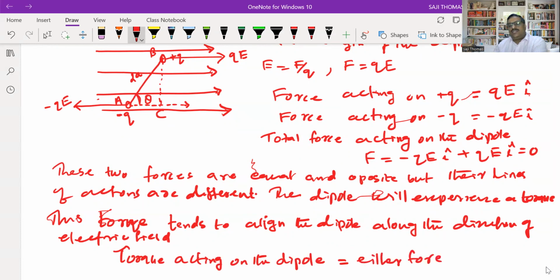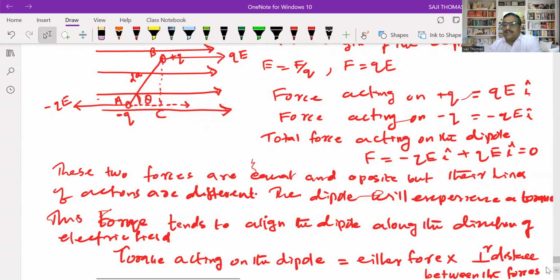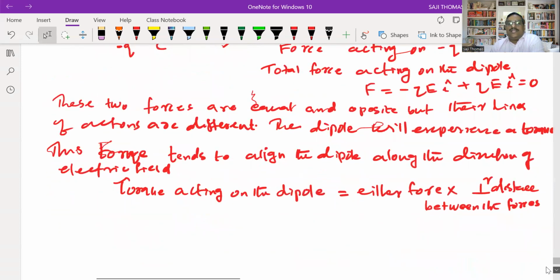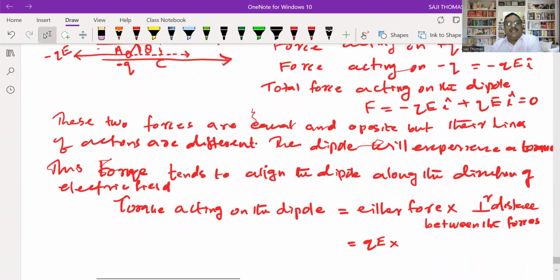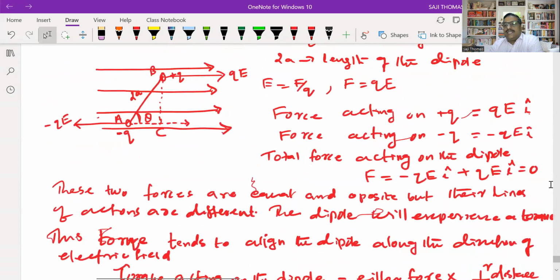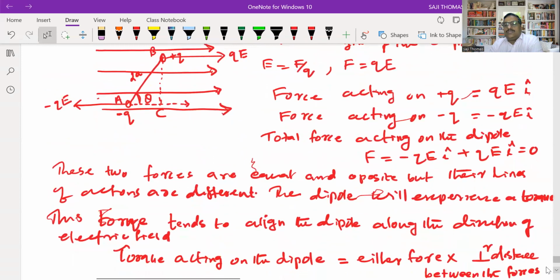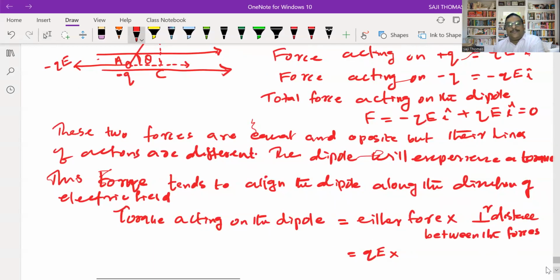Either force into perpendicular distance between the forces. Okay. You know the magnitude of either force, QE. So in the next line, instead of either force, QE into perpendicular distance. From the diagram, what is that perpendicular distance? Perpendicular distance is BC. So into BC.